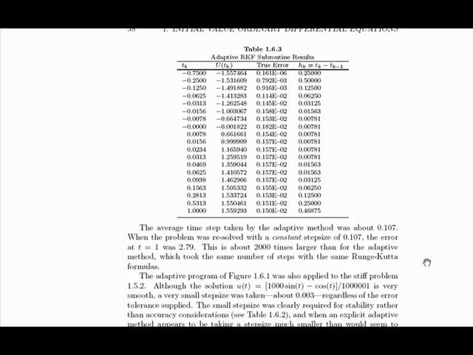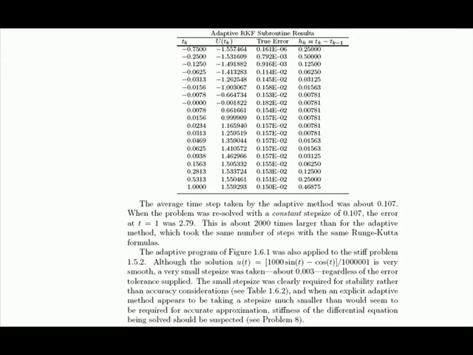It took about 20 step sizes, not uniform step sizes. It took large ones toward the beginning and the end, and small ones near the middle and 0. But it took about 20 step sizes.